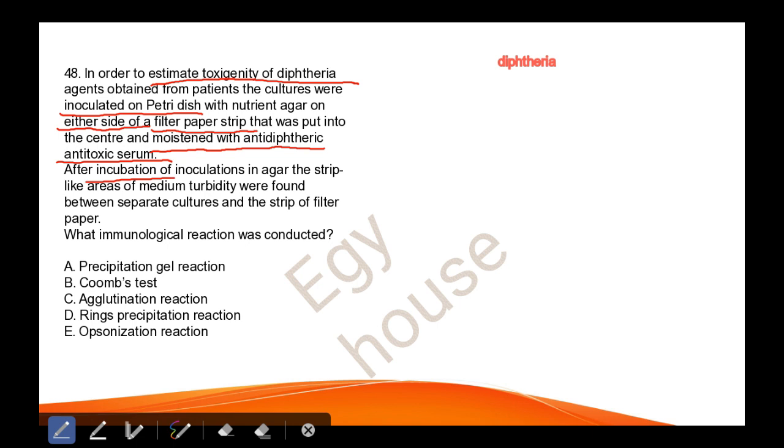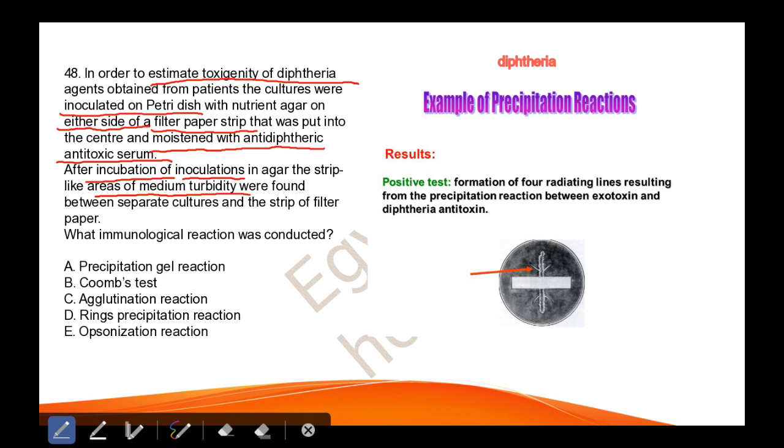After incubation of these inoculations, we found some areas of medium turbidity. Here is a picture showing this precipitation gel reaction. You can see here the lines that showed on the edges of the strip. And this is because of the reaction between the diphtheric antitoxin and the exotoxins.